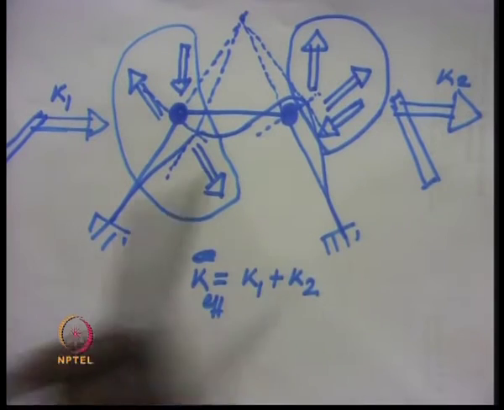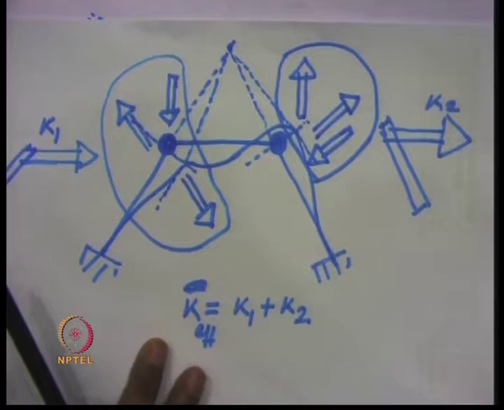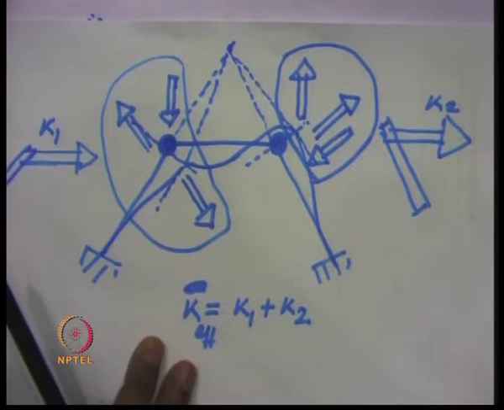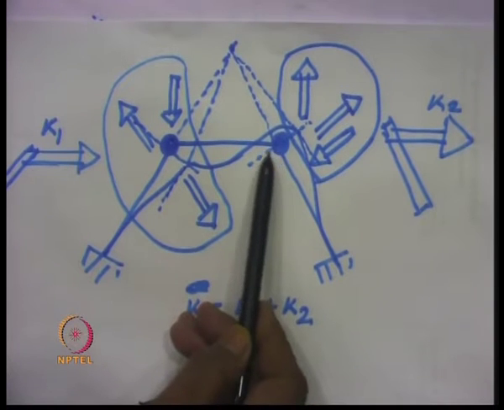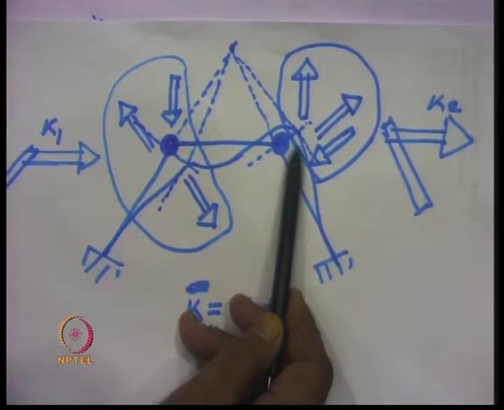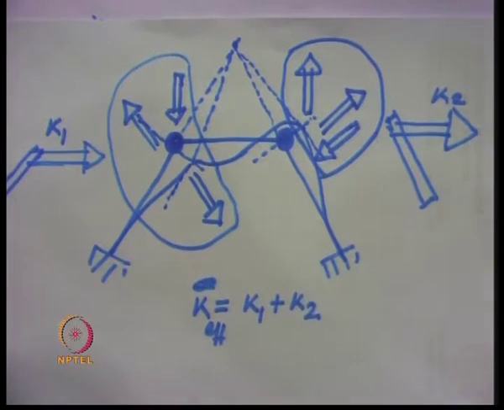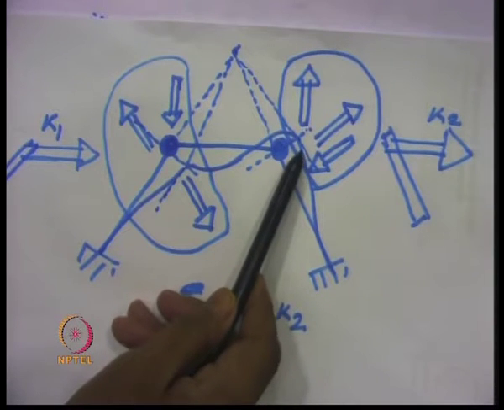In order to obtain the stiffness corresponding to this degree of freedom, let us recapitulate how we can find out the stiffness of the system. We are interested in obtaining the force required to produce unit horizontal displacement over here.